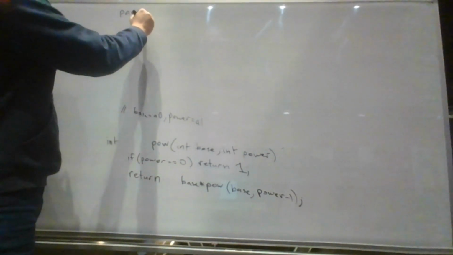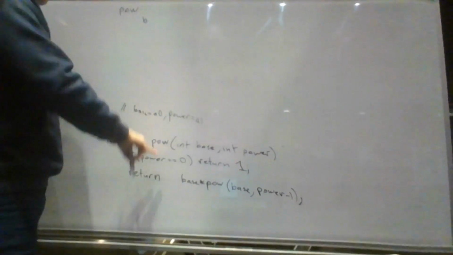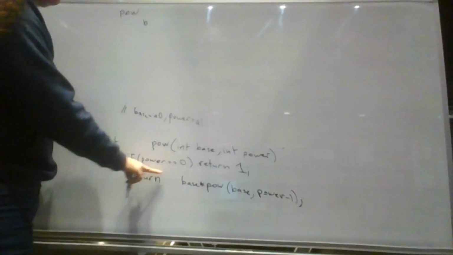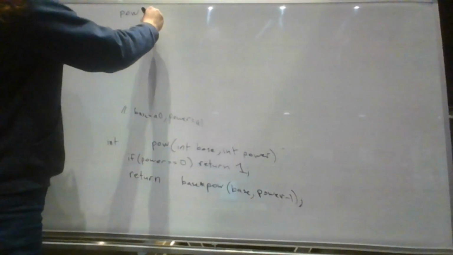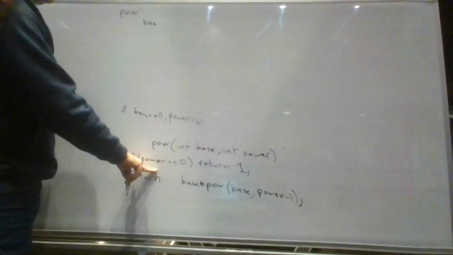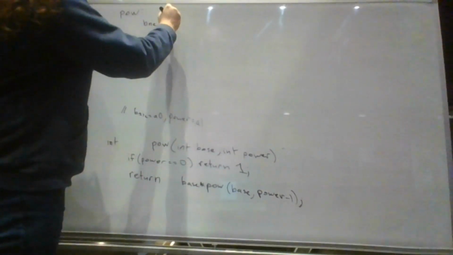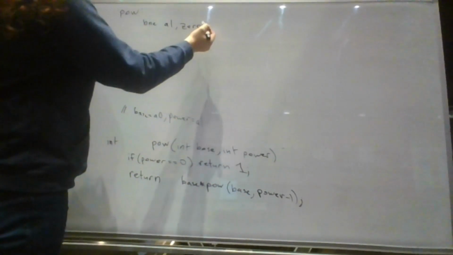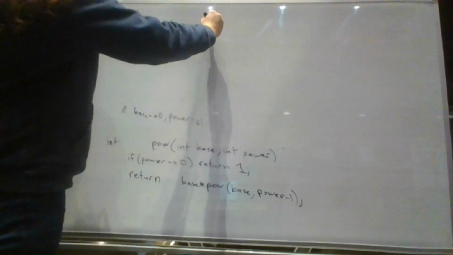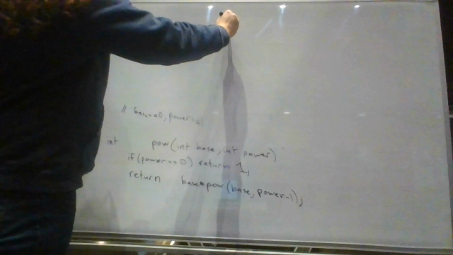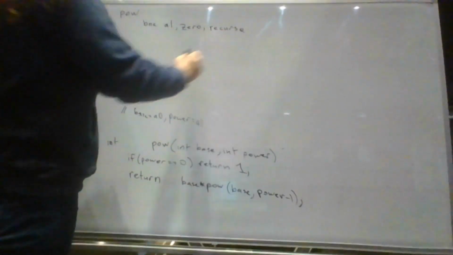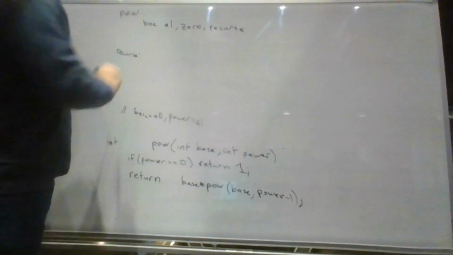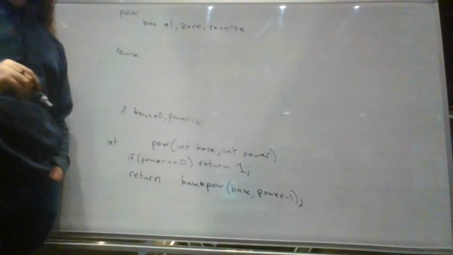I can say branch if not equal, i.e. I want to move on to the recursive step if these are not equal. The 2 things I'm comparing are power, which is A1, and the 0 register. I'm going to branch to, I'll call it, recurse, because this label means I'm going to do my recursive stuff.